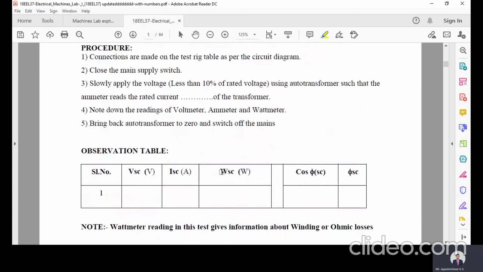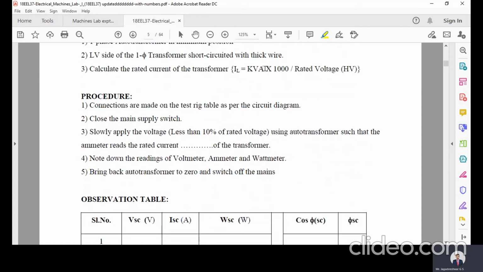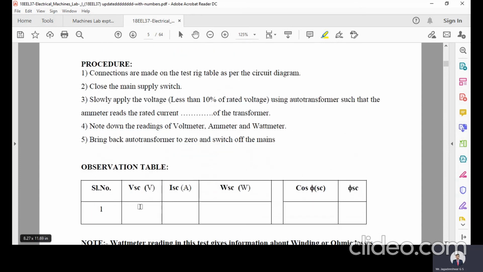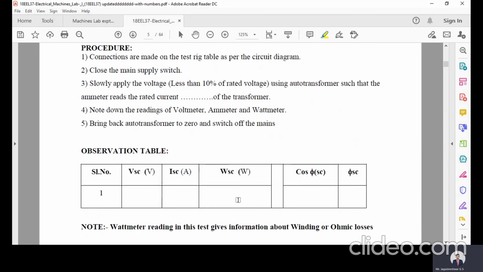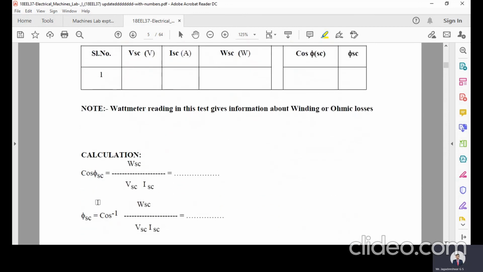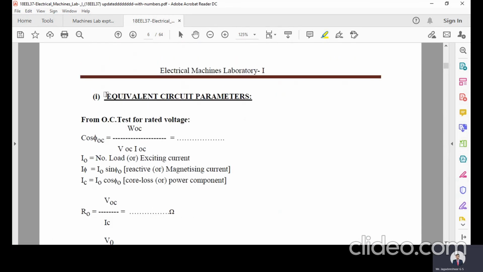Okay, so the rated current is calculated as kVA rating divided by rated voltage. So using this formula you can calculate the rated current of the transformer. Here you can make a note of all the readings. Once you know this, you can calculate cos phi SC and angle phi SC. Using these two, let us see how to calculate the equivalent circuit parameters.